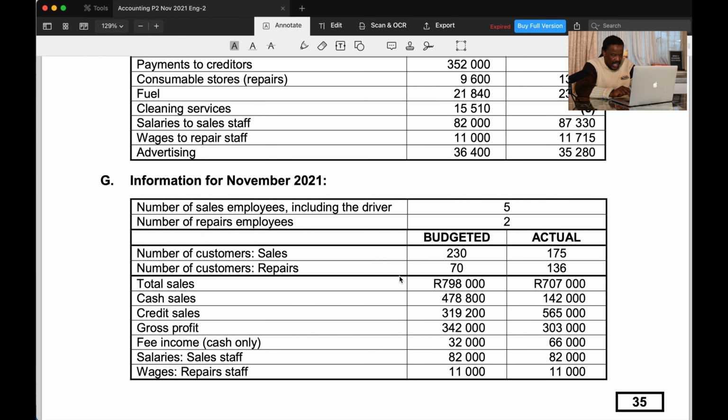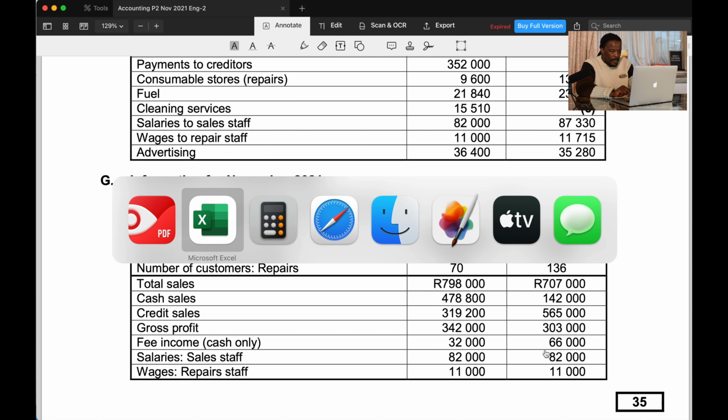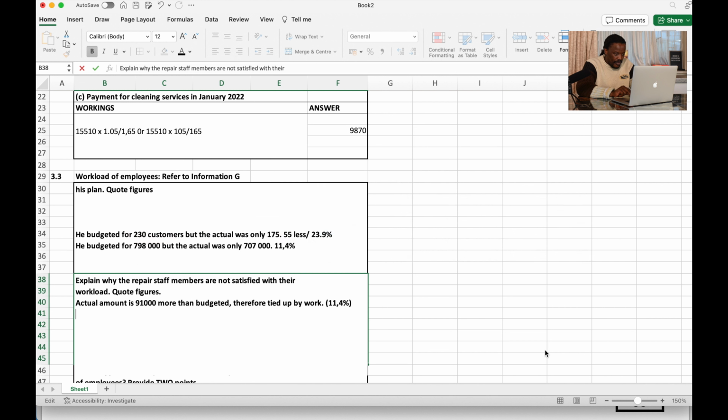You look now at the fee income. Remember they said repair customers repair on cash only. They don't repair on credit. We did read that. Cash only. But you look at fee income now, it's more. Actual fee income is more than budgeted for.